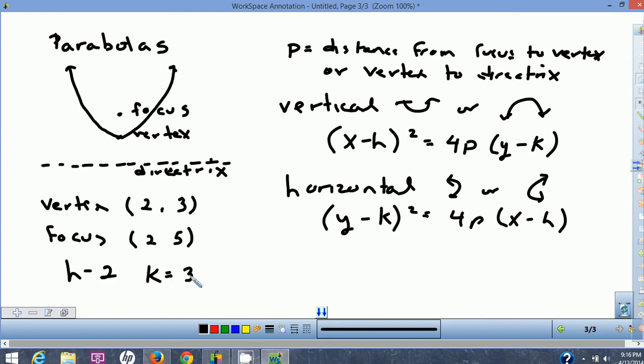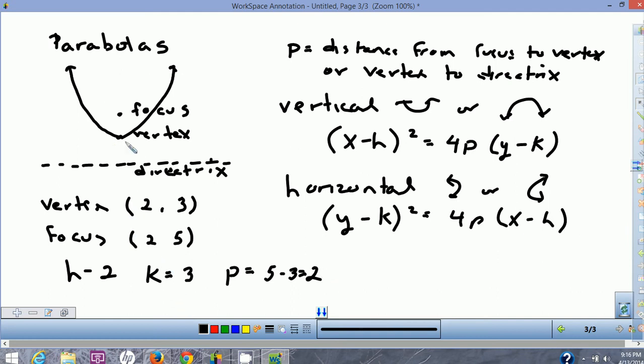We're getting that right from our vertex. Well, what about p? p is the distance from the vertex to the focus. So we have this distance from 3 to 5. So p here is equal to 5 minus 3. It's equal to 2.